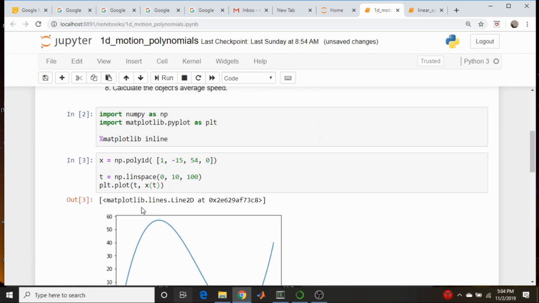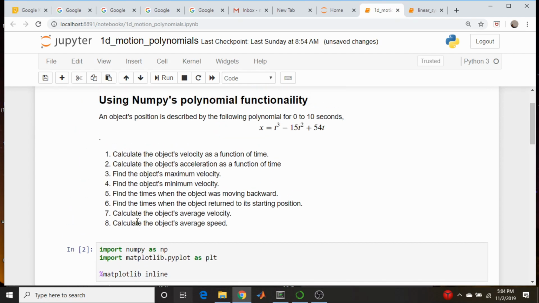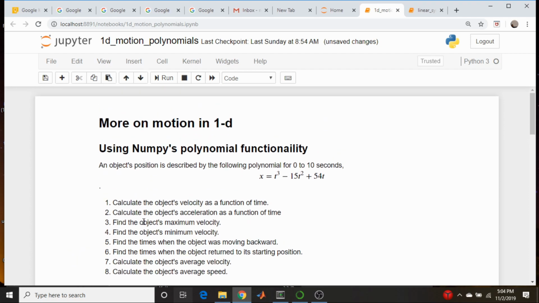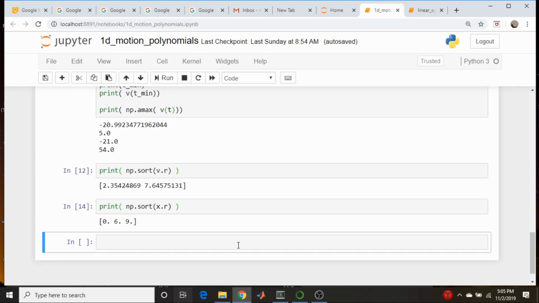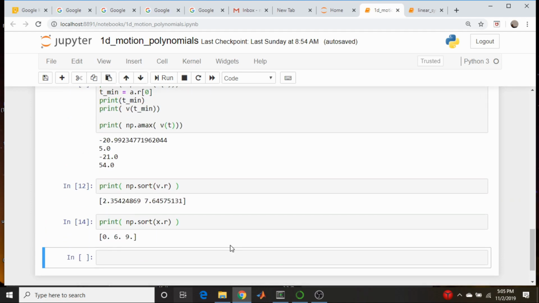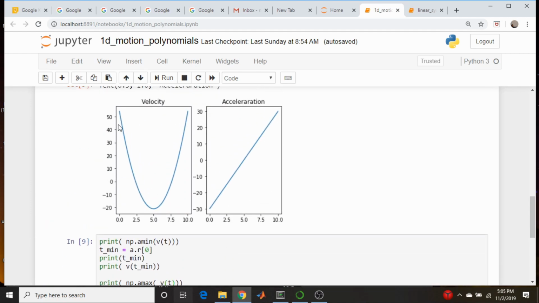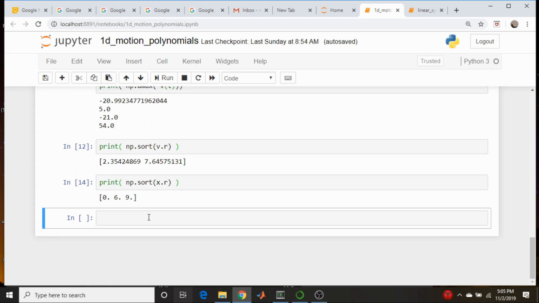Okay. Last two questions. Calculate the average velocity and the average speed. Okay, so the average velocity, again, this is easy. This is just the integral of this velocity function from 0 to 10, and then we just divide by this interval of 10 seconds. So just like we can calculate derivatives, we can calculate integrals.